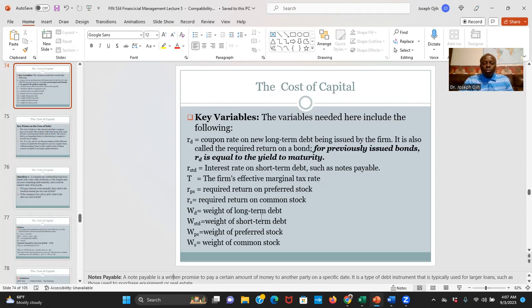WSTD is the weight of short-term debt. WPS means the weight of preferred stock. WS, the weight of common stock. We are going to use these variables when we calculate other costs, like the cost of preferred stock, and the weighted average cost of capital. Okay, we come to that. Our main focus is cost of debt, RD.